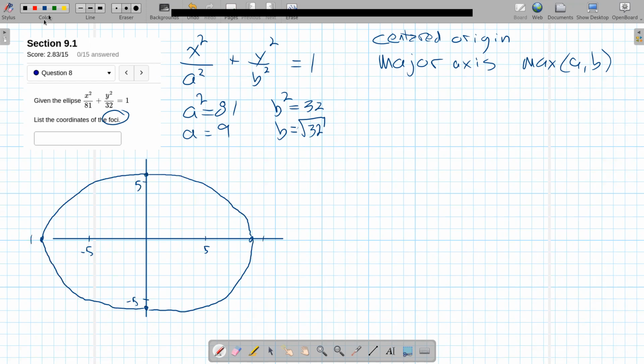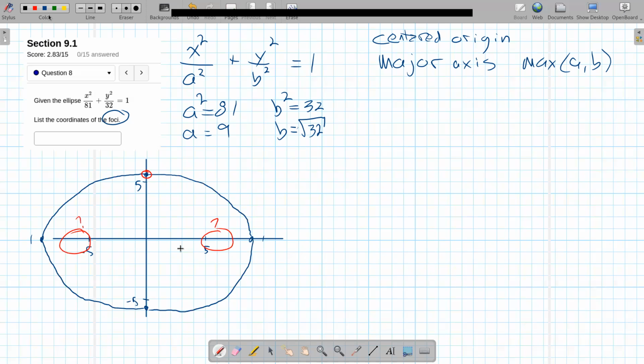And then somewhere in this region is a focal point in here. And the relationship between the vertices and the focal point is kind of like the Pythagorean theorem, that if we start with the minor axis value, and then we make a diagonal that's the length of the major one.